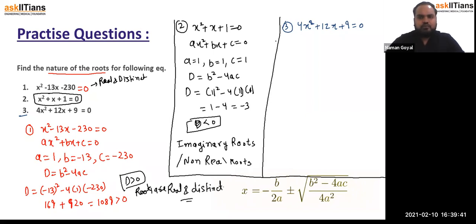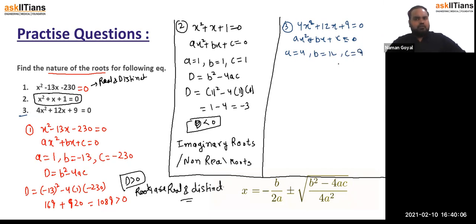So if we compare this as ax square plus bx plus c is equal to 0, the value of a you will get is 4, the value of b you will get as 12, and the value of c you will get as 9.